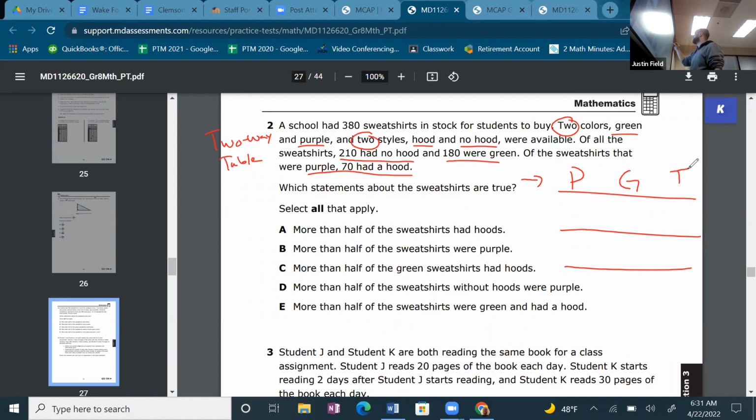But there's also the hoods and the non-hoods. And if you add all those together, you also get the total, right? So there's 3 columns in the two-way table, confusing, but only because the third column is the total. There's 3 rows. Okay, and so we're going to just draw some lines. And now here is the grand total.